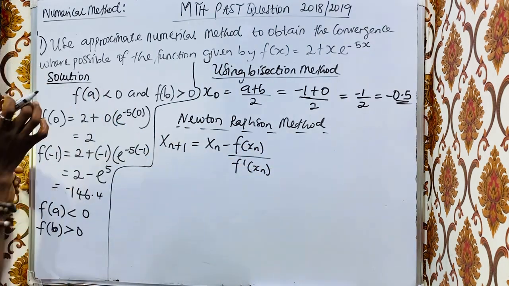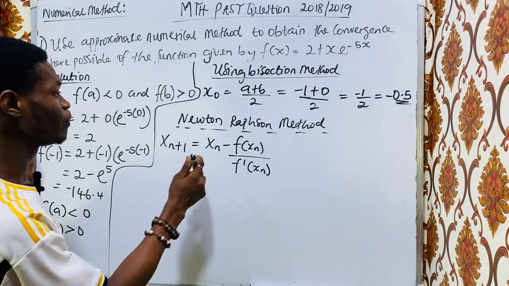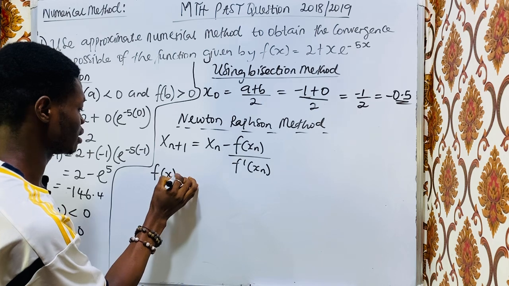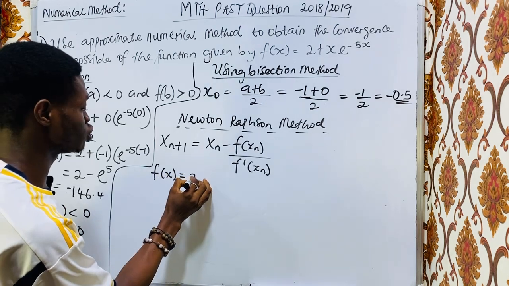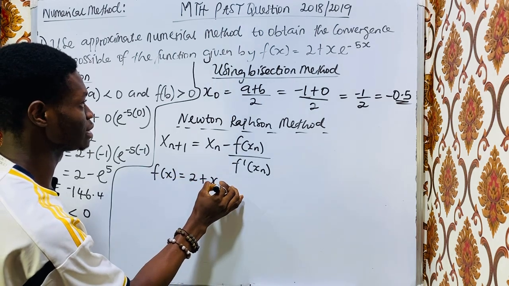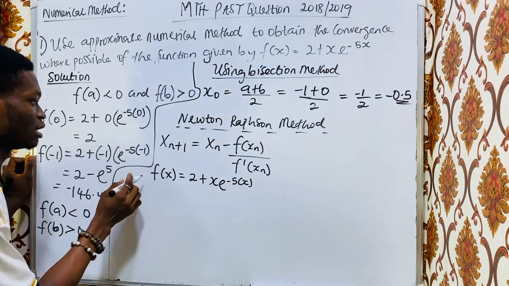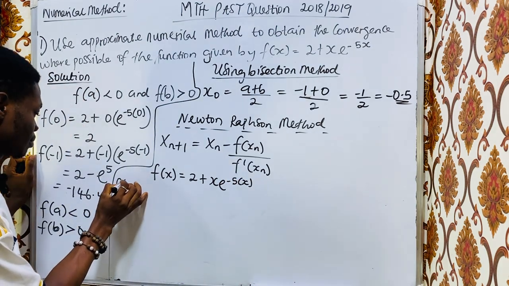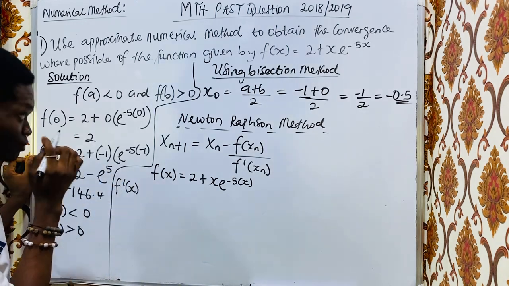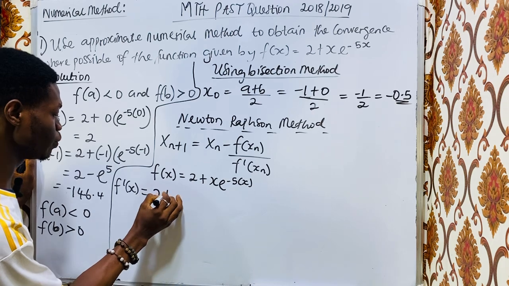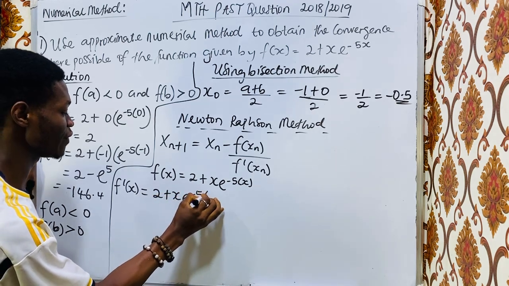So our f of x is 2 plus x exponential negative 5 times x. Now let's find our f prime of x.